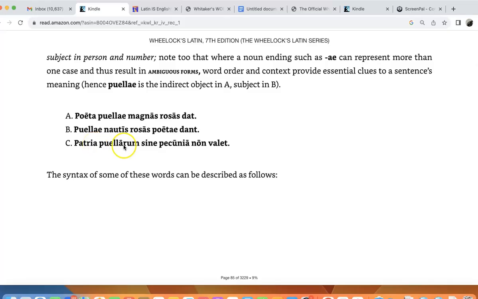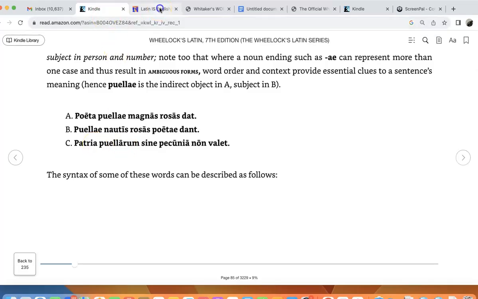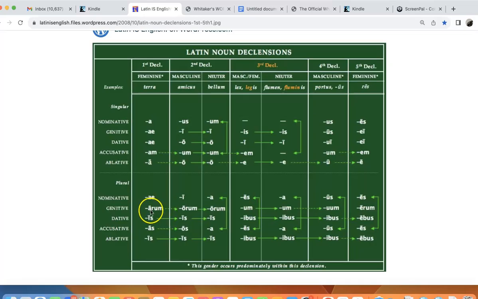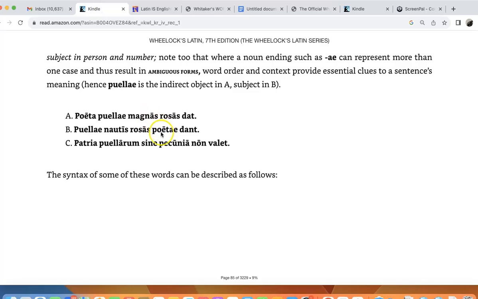So the country of the girls, now here of the girls is arum. So there's our a macron, there's plural. So we translate that of the girls. And of course, I should have said this, but I think it's obvious. Whatever the root or the base is, that's the meaning of the word. So puella is girl, but then we have the arum ending, so we translate that of the girls. Now, sine is a preposition. It just has to be memorized. Again, a lot of new vocabulary these first couple chapters. It means without.